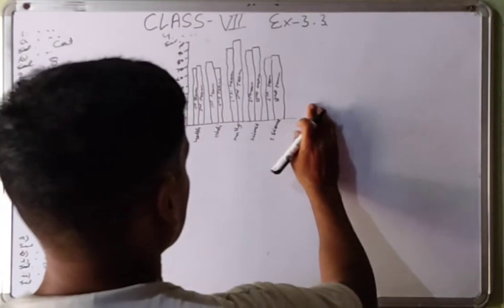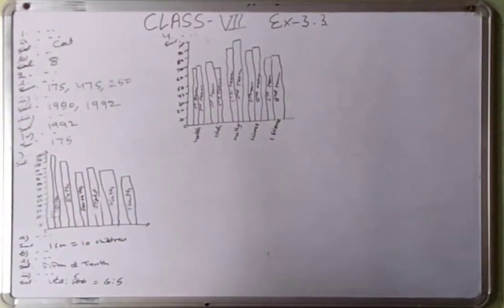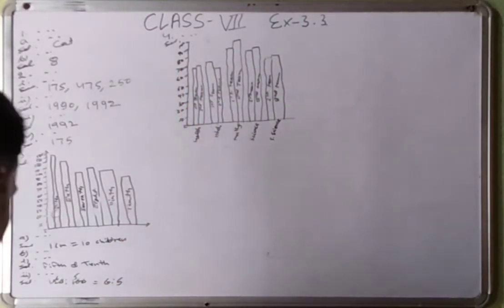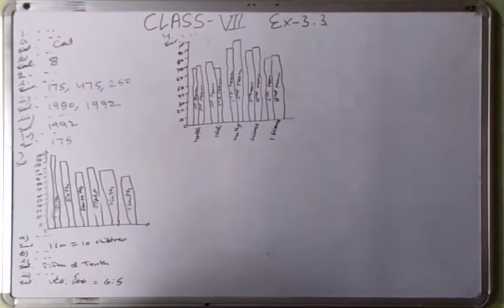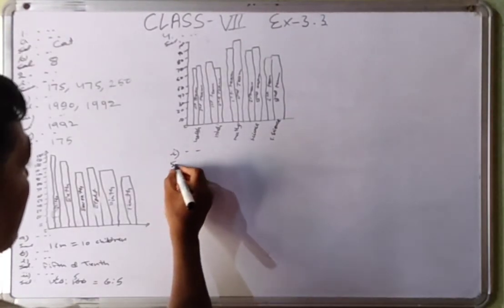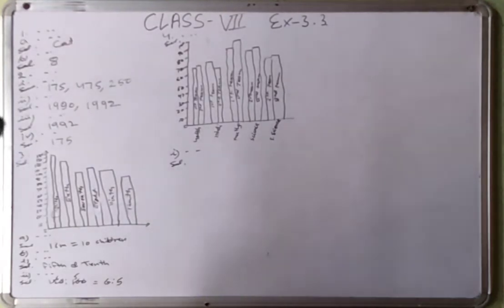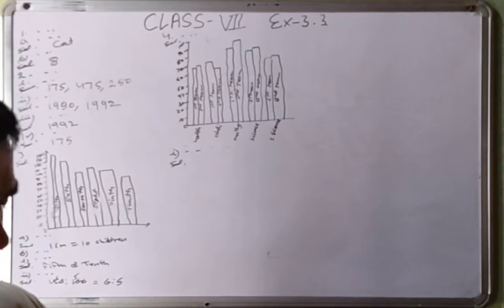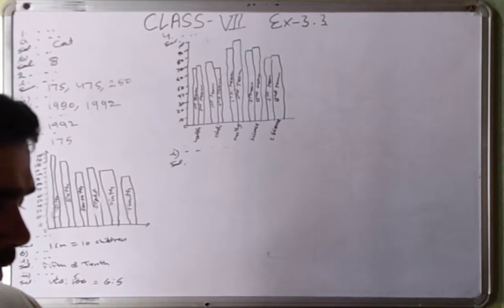Okay, this is the double bar graph. You can write the numbers there also, but no need to write that. And then first part of this question, solution: in which subject has the children improved their performance the most? That is maths.